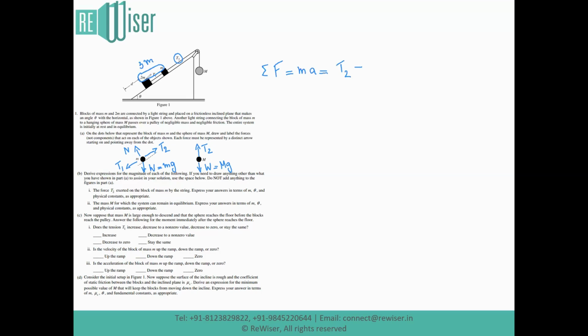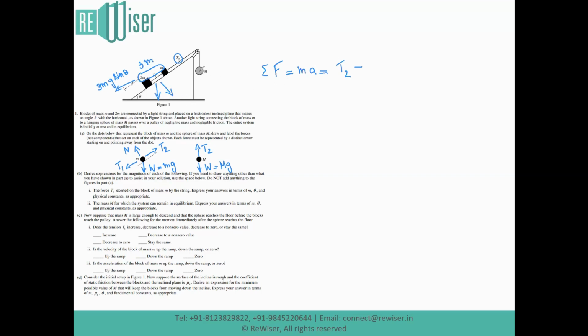And for this combined mass 3m, it has its gravitational force or the weight acting downwards, and the component of weight, which is 3 times m times g times sine theta acting down the slope, while its other component acts perpendicular or opposite to the reaction force.